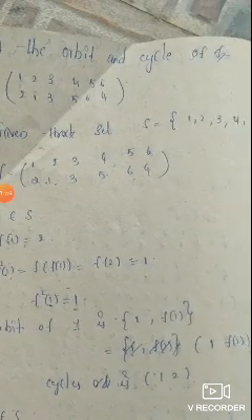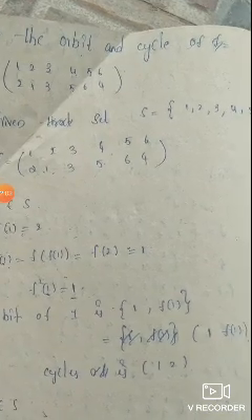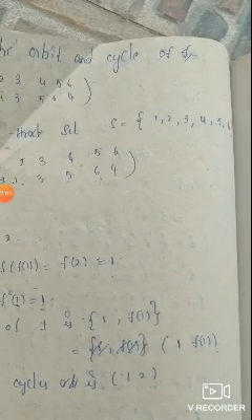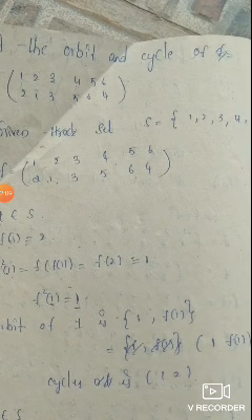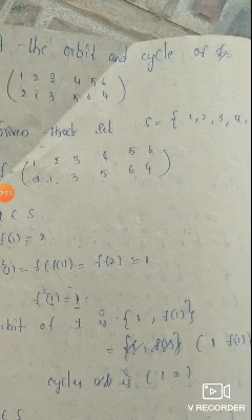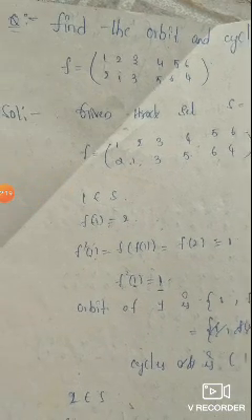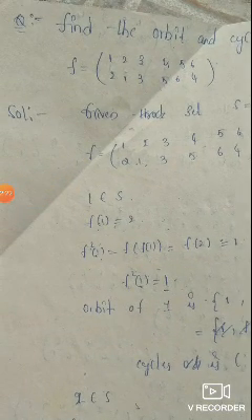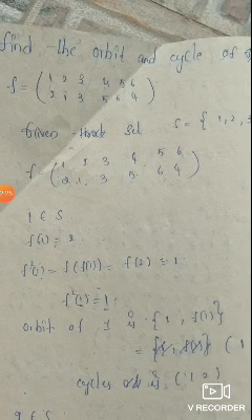Here we are given S = {1, 2, 3, 4, 5, 6}. So what we have to take are the different elements taken on the permutation, those are 1, 2, 3, 4, 5, 6.